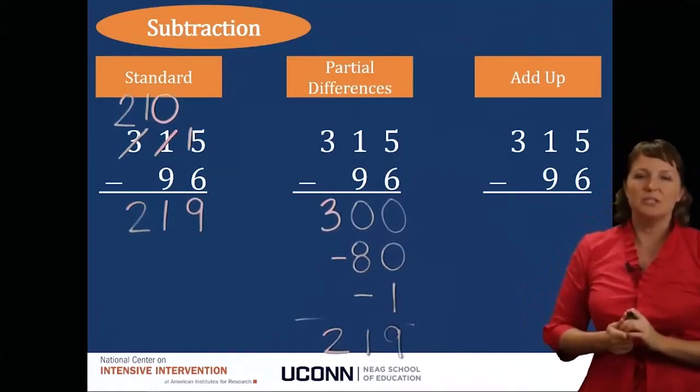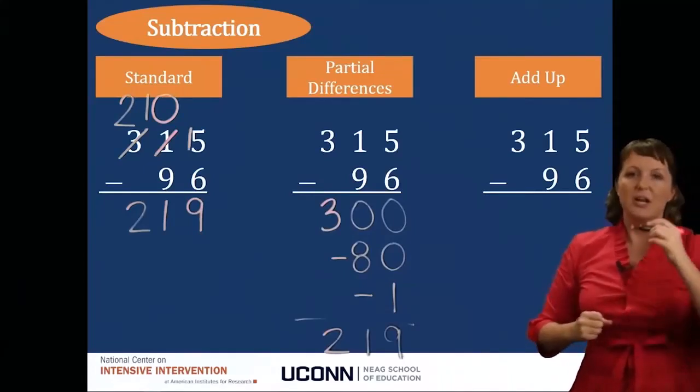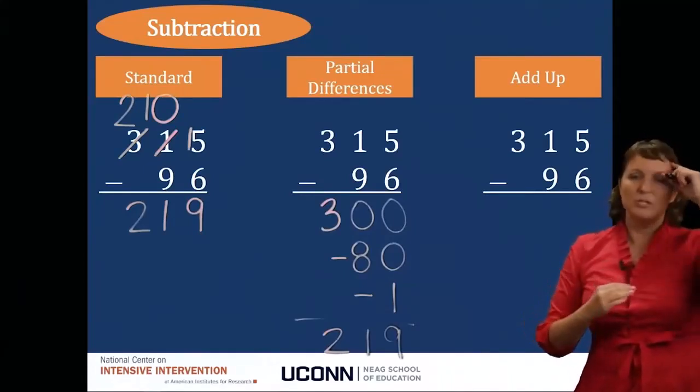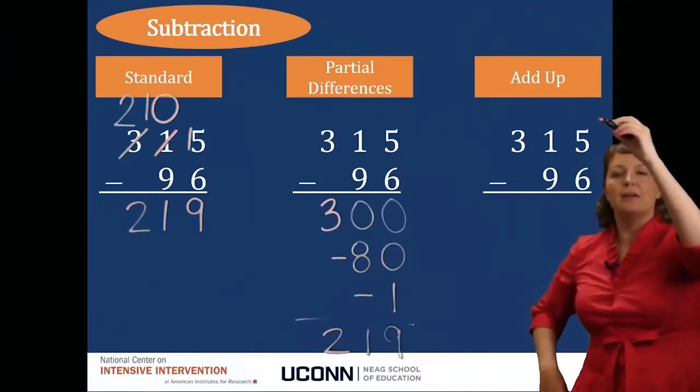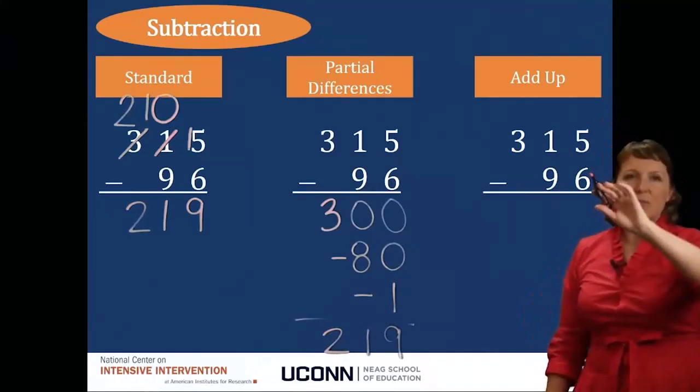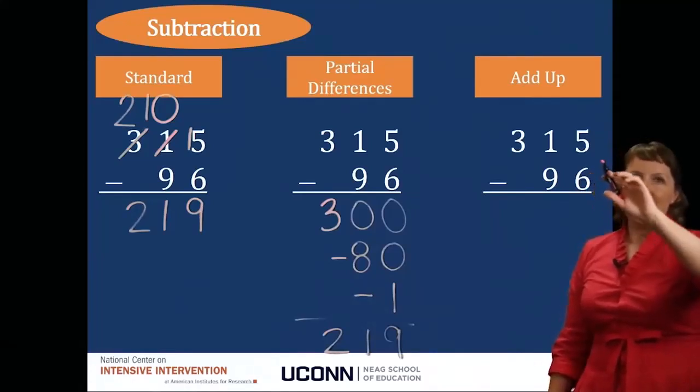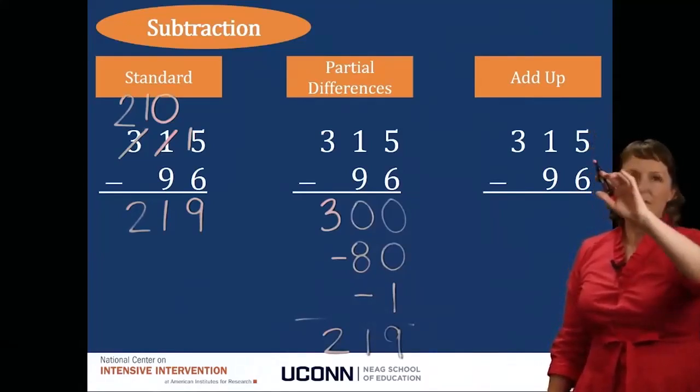And so what we're going to do with the adding up strategy is think about the difference between two numbers, but instead of subtracting, we're going to add. So in this example, I'm going to start with 96 and add up to 315.